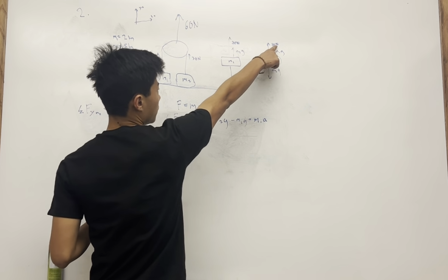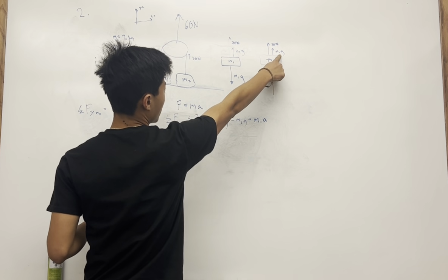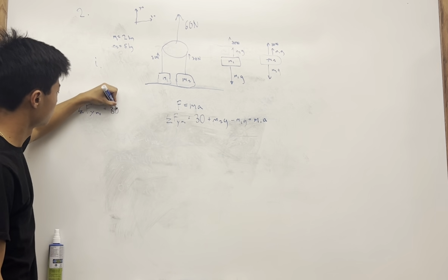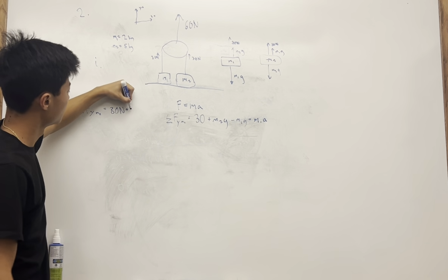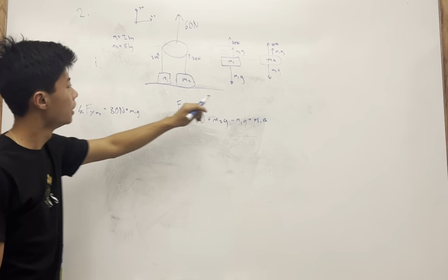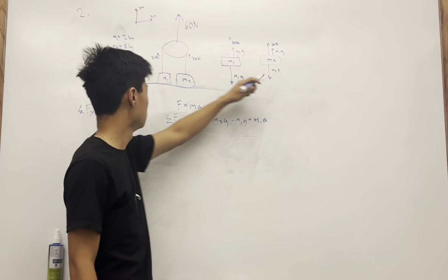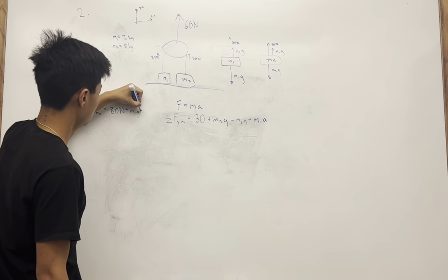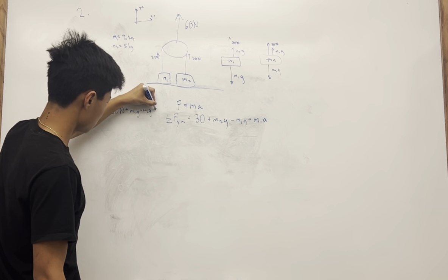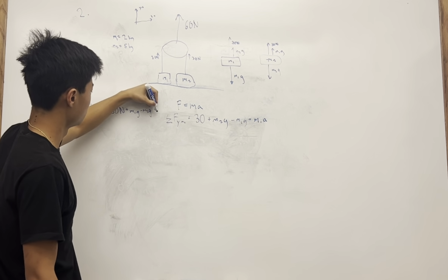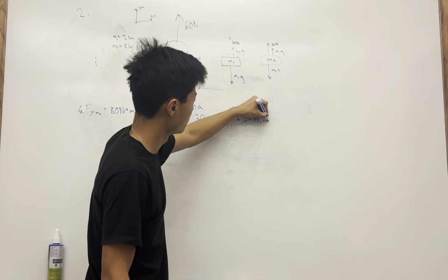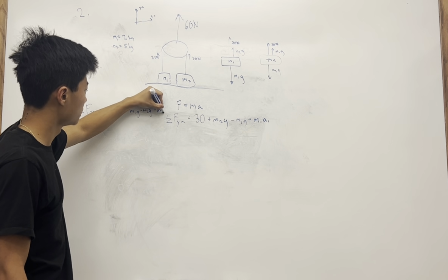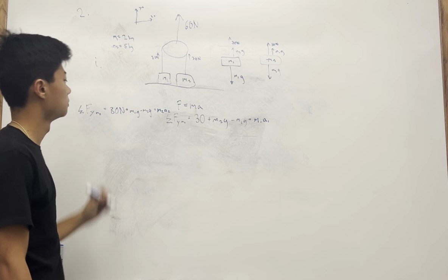Now we have 30 newtons in the positive direction and mass 1 times gravity in the positive direction. So we have plus m1g, and we're subtracting m2g because this is going down. And this is going to be mass times acceleration, which, we can say that this is acceleration 1, just to distinguish. Mass 2 times acceleration 2.